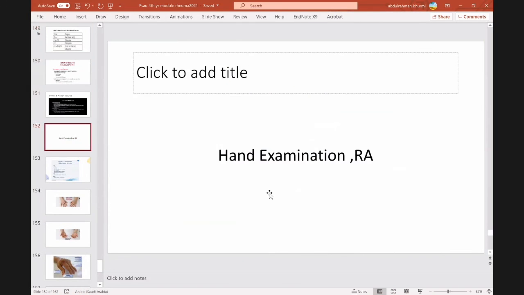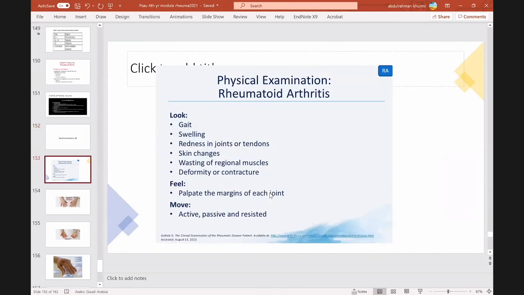Now, hand examination. Just shortly and briefly, you need to know about hand examination. Usually in rheumatological examination, you do look, feel, and move. You look for the gait, swelling, deformity, redness, scars, skin changes, wasting of the muscles, and contractions and deformities.